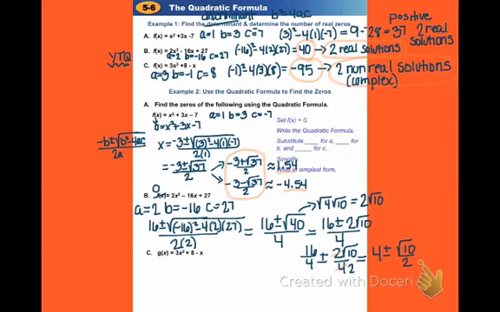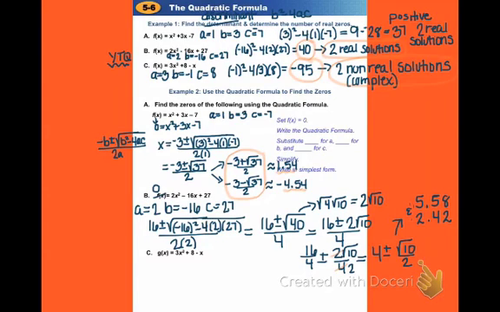So that really means my two solutions are (4 plus the square root of 10) divided by 2, and (4 minus the square root of 10) divided by 2, which are approximately equal to about 5.58, that's the 4 plus the square root of 10 divided by 2, and the other one is approximately 2.42.